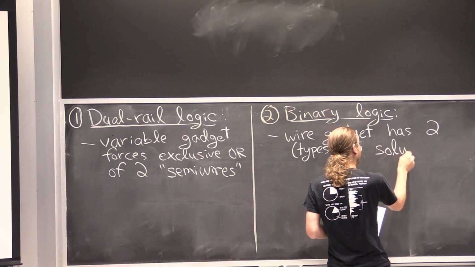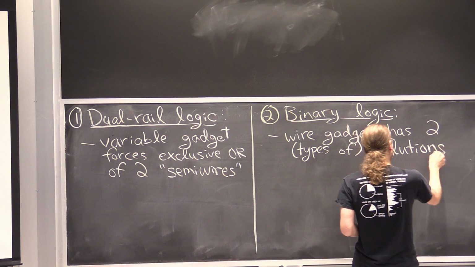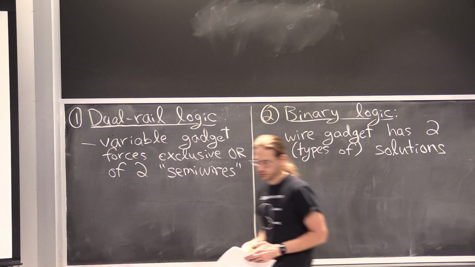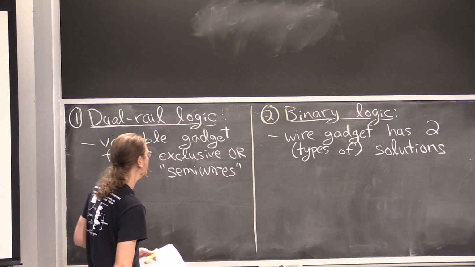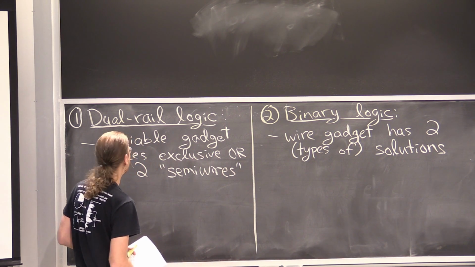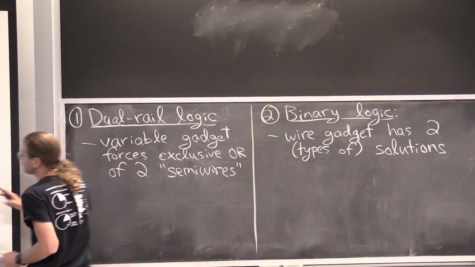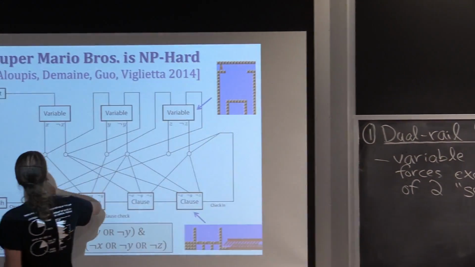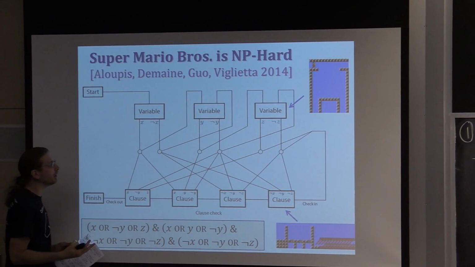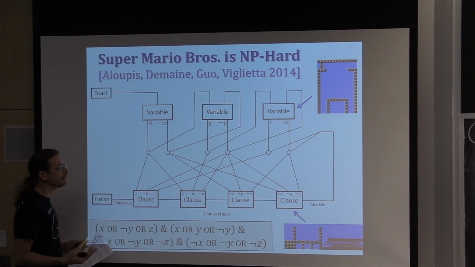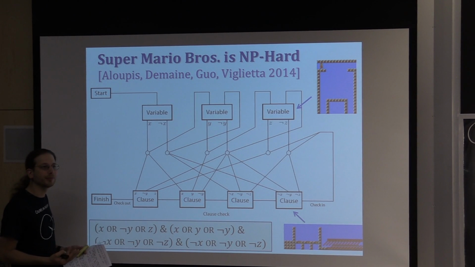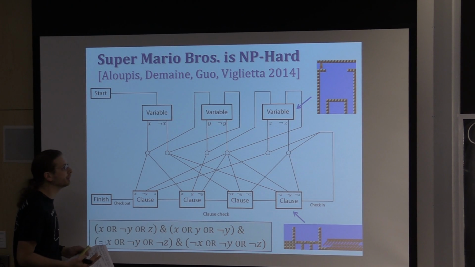But this is my attempt to unify things slightly. So the idea is that these semi-wires, either they get activated or they don't get activated at all. In the unactivated case, nothing happens to them. So they're not really interesting.